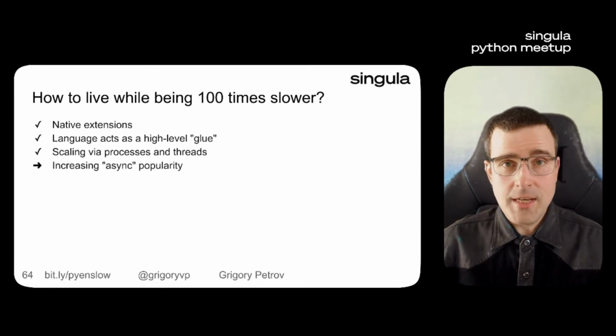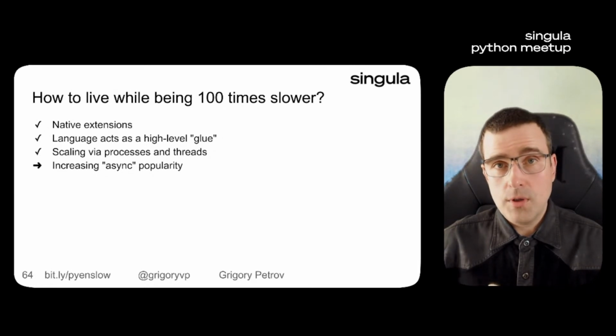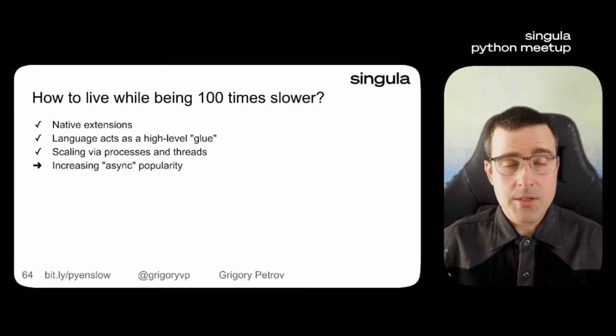Also, async await development is on the rise, which allows us to use non-blocking Python code where we access some network resources, and FastAPI can handle hundreds of thousands of concurrent connections within one server, which is an impressive number.